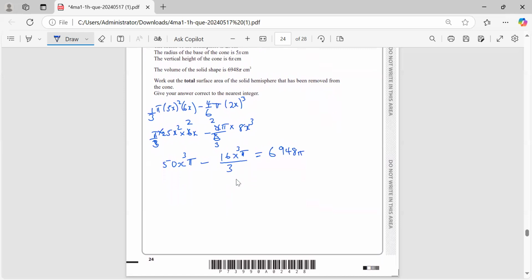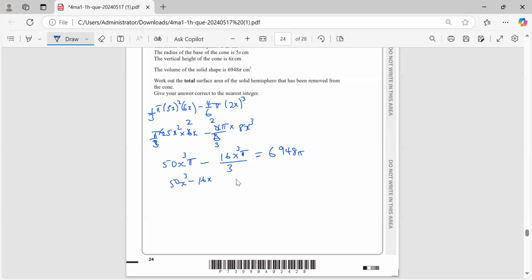If we get rid of the pi, we can safely say that we have 50x cubed minus 16x cubed.